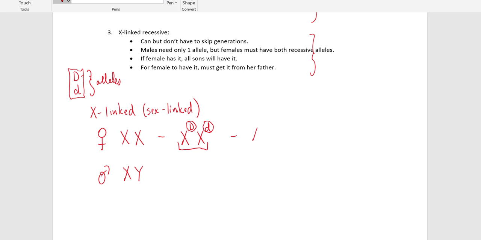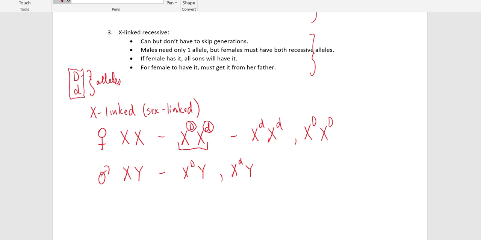So we could have a female that is homozygous recessive, a female that is heterozygous, as shown in the first one, or a female that is homozygous dominant, right? All the same notation, but including the X and Y chromosome to indicate whether it's male or female. As he said in the video, males only have one X chromosome, so the options are limited: either they're dominant or they're recessive.